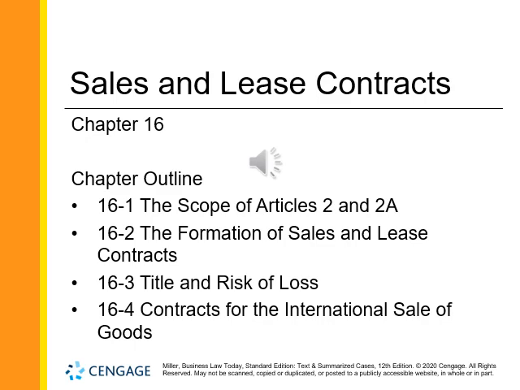In this chapter, we'll discuss Article 2, which concerns sales of goods, and Article 2A, which is a recent cloning off of Article 2, which applies to leases of goods.